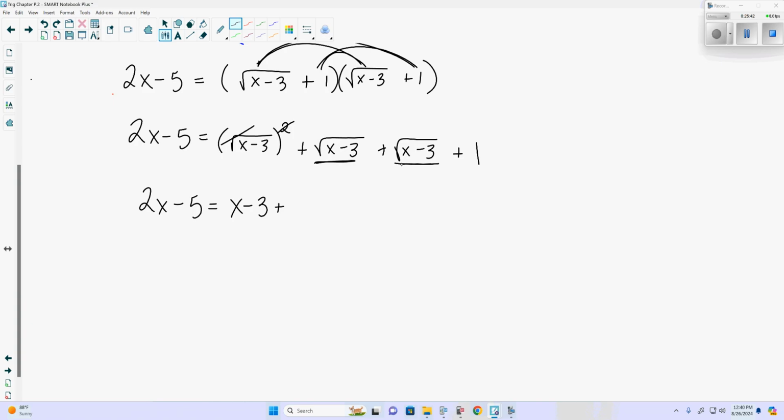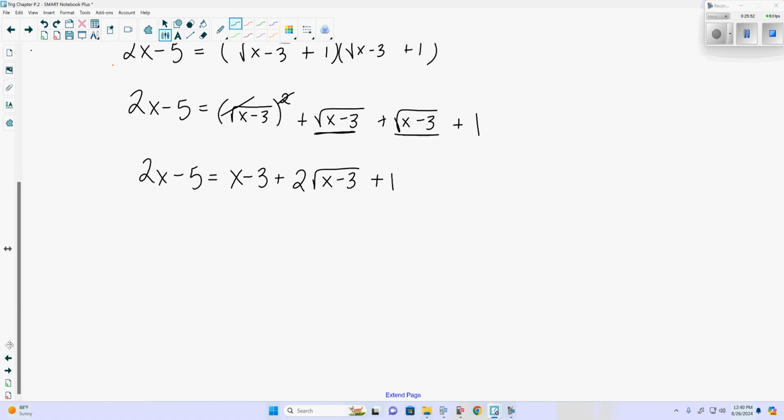So we can just say that this is plus 2 square root of x minus 3 plus 1. Combine like terms. Negative 3 and positive 1 are like terms, yes? So what is negative 3 plus 1?